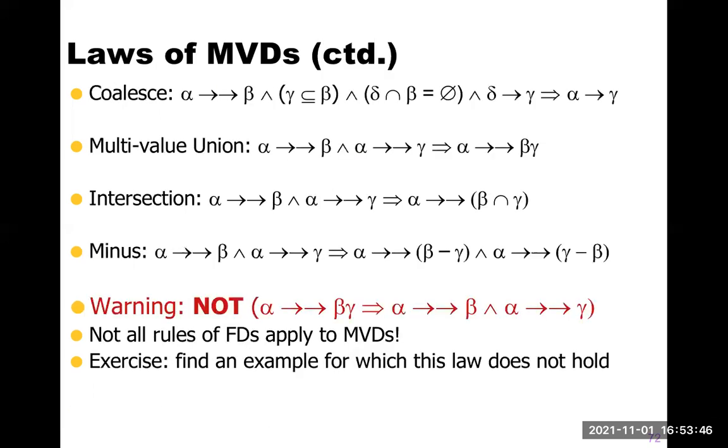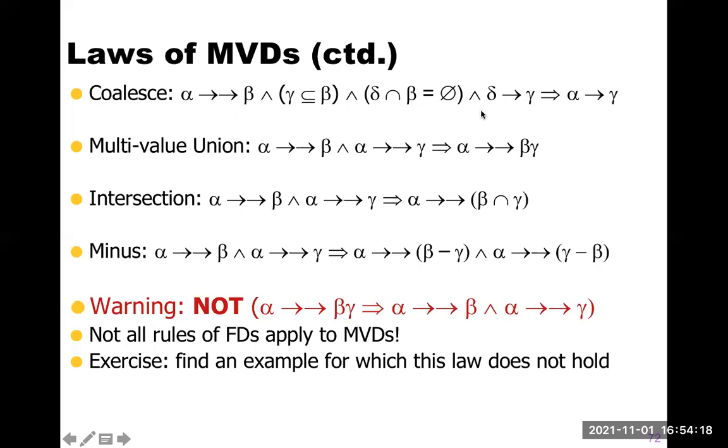And other more complex laws, like: alpha to beta, and gamma is a subset of beta, and delta is just new columns that are not in beta. So delta is something new to this dependency.